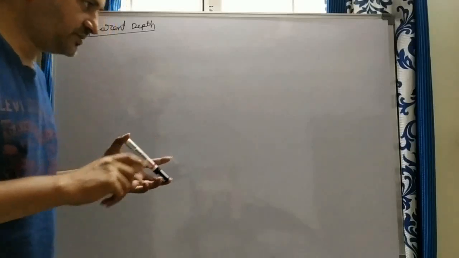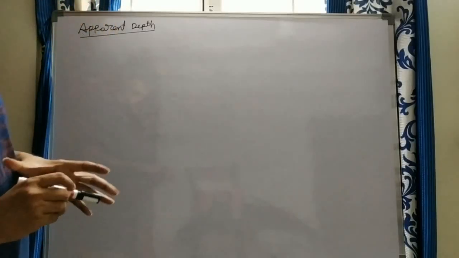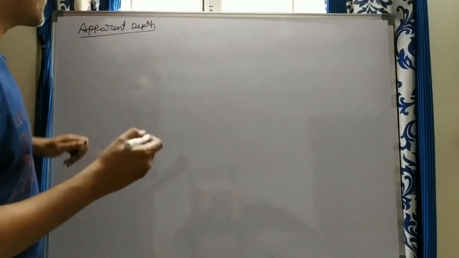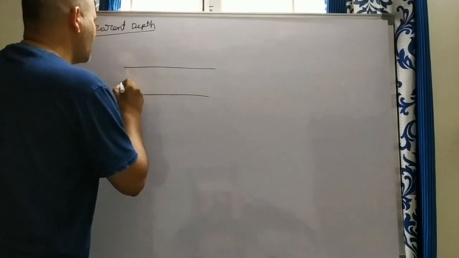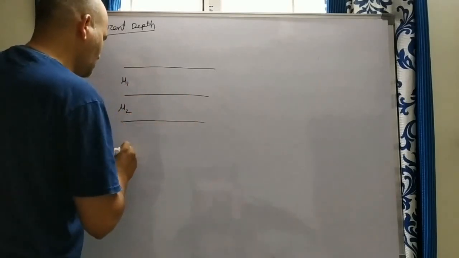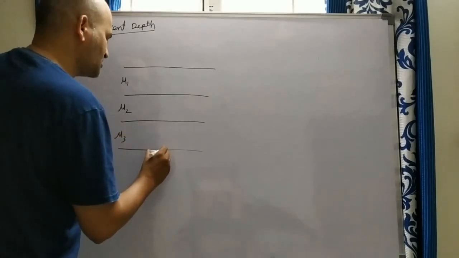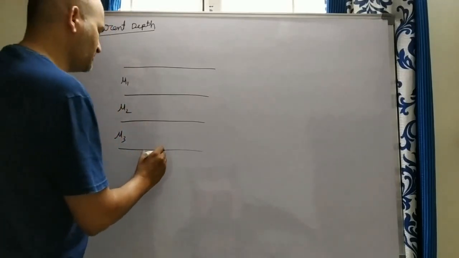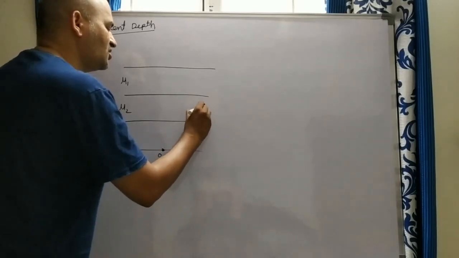Now let's see one of the applications of apparent depth. You can take different media. Suppose the first medium has refractive index mu1, the second medium has refractive index mu2, and the third medium has refractive index mu3. They place an object here, and the thicknesses are T3, T2, T1.